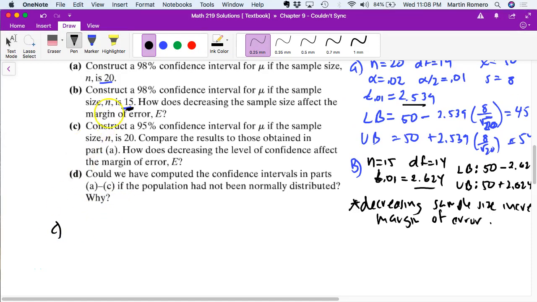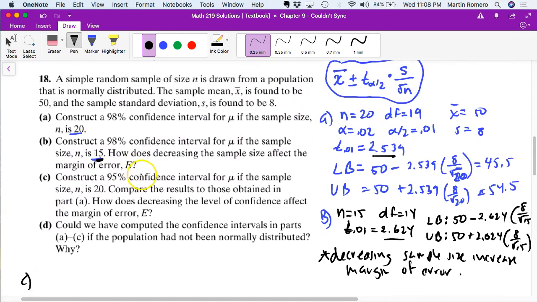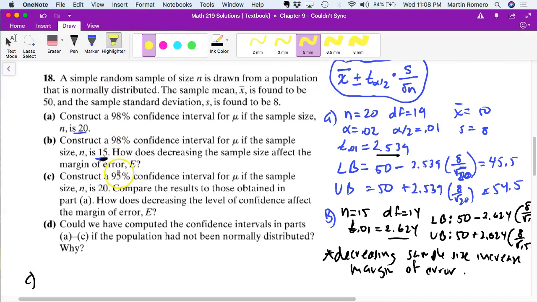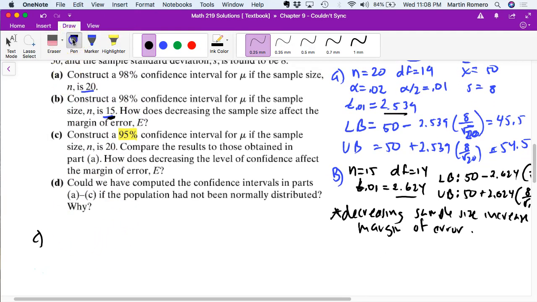In problem C, we're going to construct the interval using the same information. This time we're going to use a 95% confidence interval. What that's going to change for us is our alpha now is 0.05, and so our alpha over 2 is 0.025.